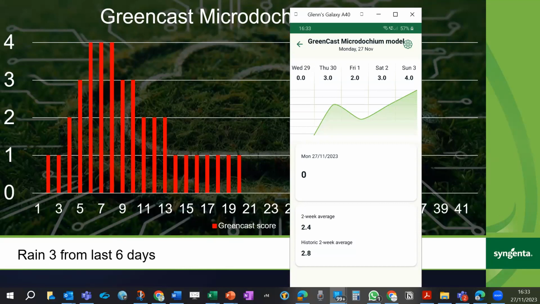So what this is now doing for me, Sean, rather than highlighting, oh, look at the back end of next week, we've got some high numbers coming, it's not telling me that I'm going to get a spike of disease. What it's telling me is if I get disease at the back end of next week, that is going to be really damaging, because I'm in this awkward period where I'm not going to get recovery for a while.